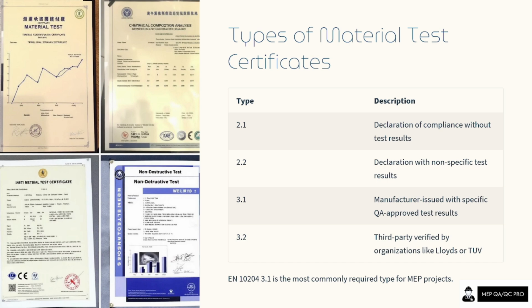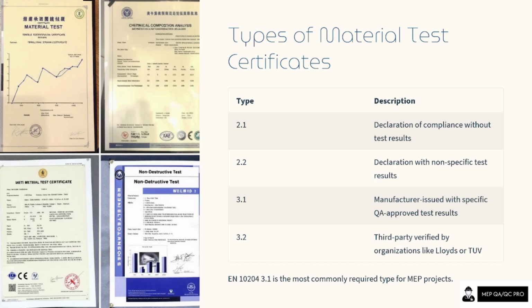So that test certificate is named a 3.1 test certificate, which shows that the material came from the manufacturer with QA approved results, meaning the quality has been checked. That is known as 3.1.